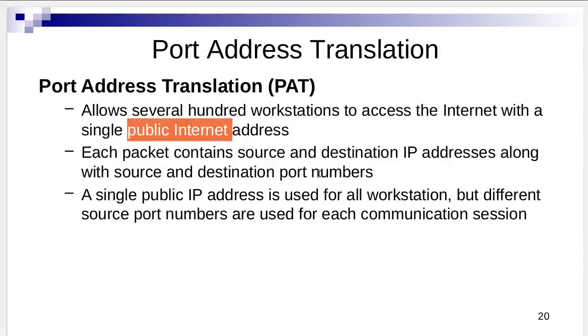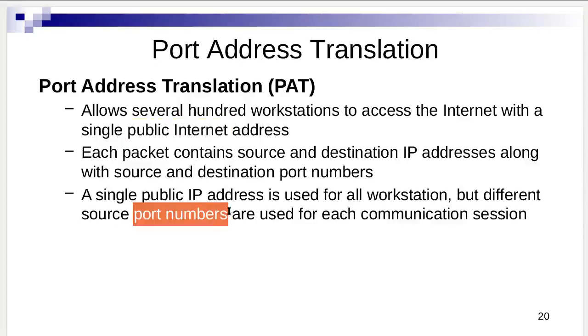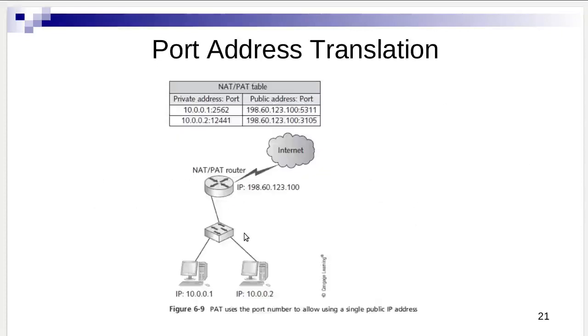And so the port numbers tell you which particular machine on the inside an external server is talking to. So a single public IP address is used for all workstations, but different port numbers tell you which particular machine the outside machines are talking to.